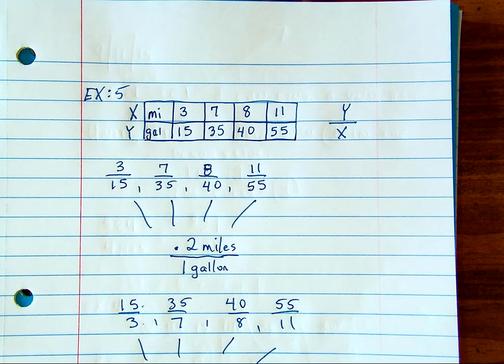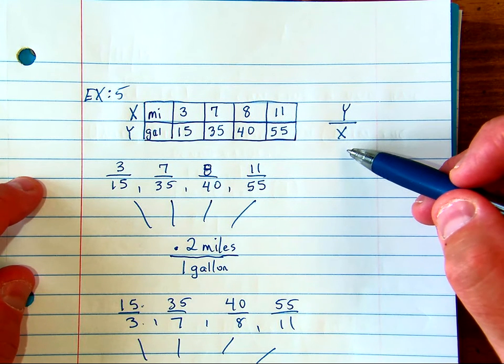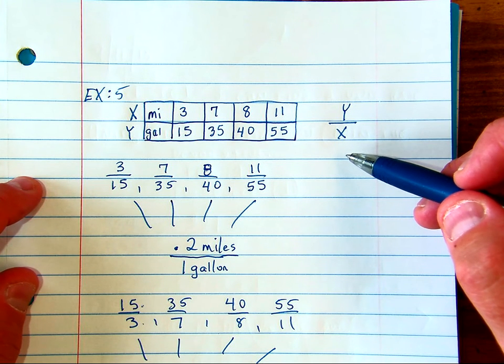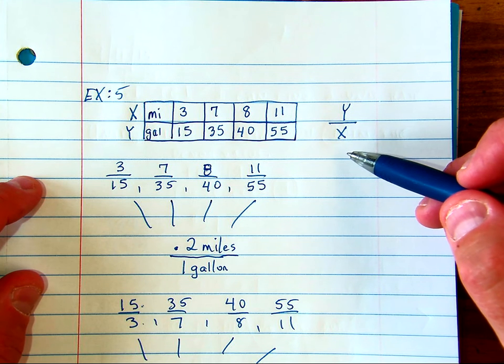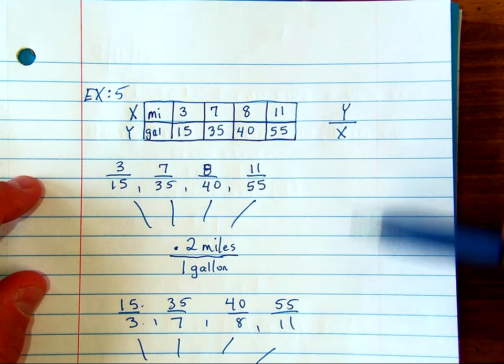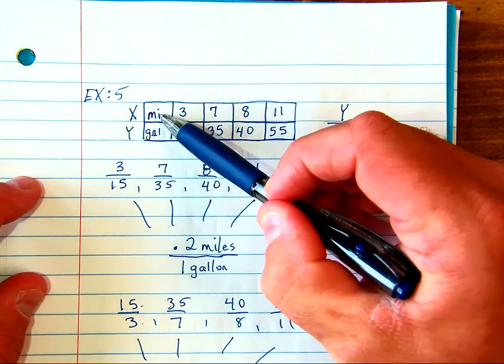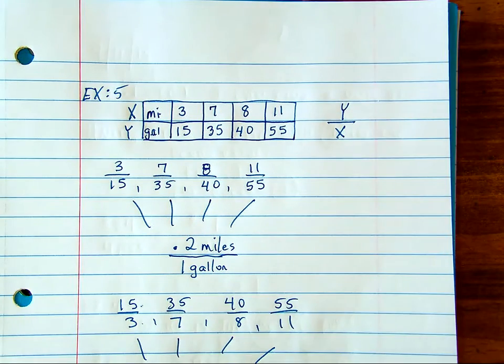If you start using y divided by x right now, when we get to I can statements 3, 4, 5, 6, 7, 8, and 9, your life is going to be 100 times easier. So if we could get into the habit right now of doing y over x, you're going to be very happy come the next few I can statements, learning targets.